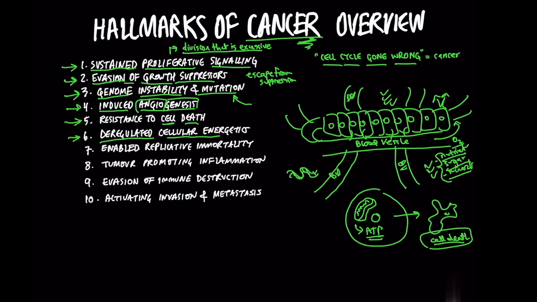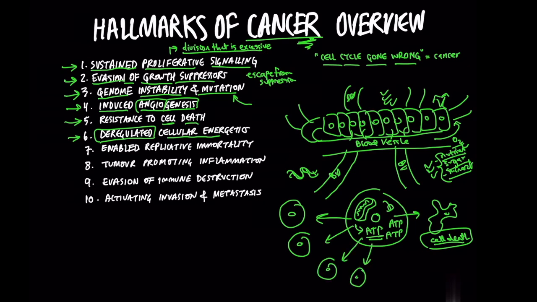Now, if that is mutated or dysregulated, then we can have too much ATP, a lot of ATP, so that the cell can use to divide and divide and divide, right? So to divide many more times than is considered normal.